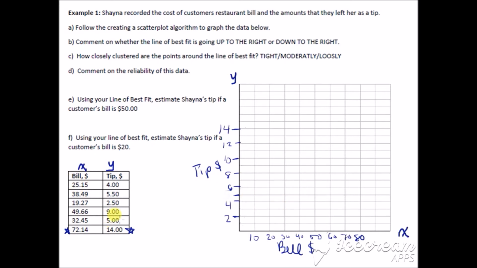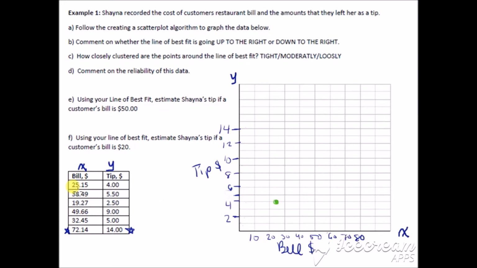So when we're plotting, and it has to do with money, it's going to be an approximate amount. So 25, 4. So 25 is going to be in the middle. The 15 cents is not going to make a difference. Okay, so 4. Let's graph in green.